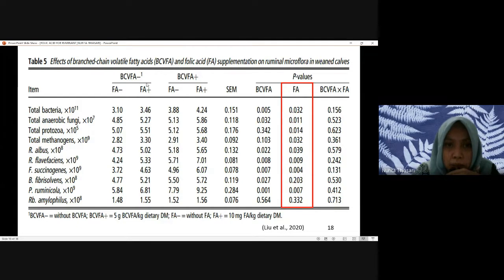In here also, I would like to show that with and without addition of the folic acid, we can see there is an increase of the bacteria, anaerobic fungi, protozoa, and methanogens with the addition of the folic acid. And then some species of the cellulolytic bacteria also increase with the addition of the folic acid.